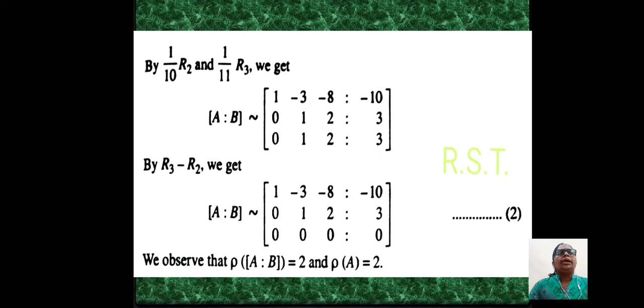Now we make transformations at the a32 and a33 positions, that is R3 minus R2. By this transformation, the above augmented matrix is equivalent to the matrix [1, minus 3, minus 8 : minus 10; 0, 1, 2 : 3; 0, 0, 0 : 0].